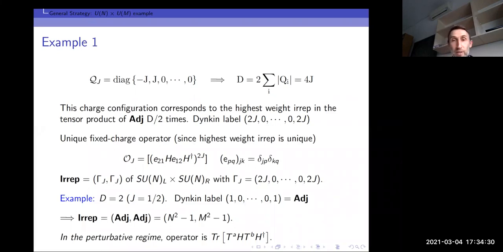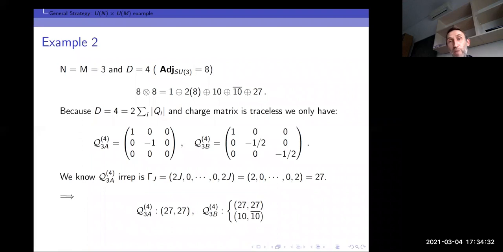And I don't have time to talk more about this because it's really impossible now in the last 1 minute. Just to show you that basically you start to vary N and M of the global symmetry group, SU3 cross SU3, SU4 cross SU4, and so on and so forth. You start to increase the classical dimension 4, 6, 8, and so forth, which means how many fields of H and H dagger you have in your operator.